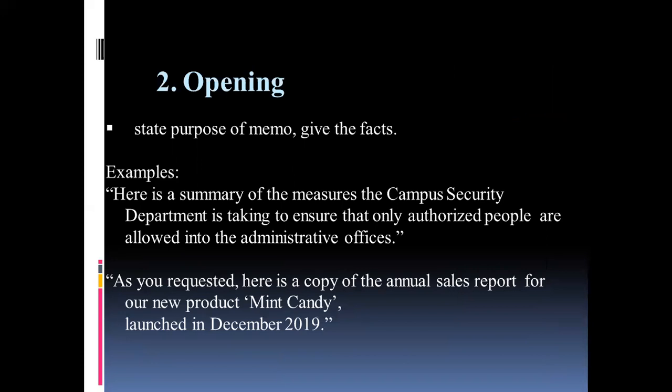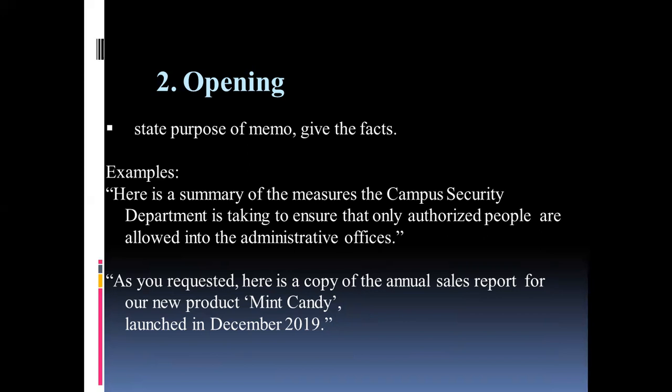Then we have opening here. Opening means state the purpose of the memo, give the facts. This is how we open up the body of the letter. Here is a summary of the measures the campus security department is taking to ensure that only authorized people are allowed into administrative offices.